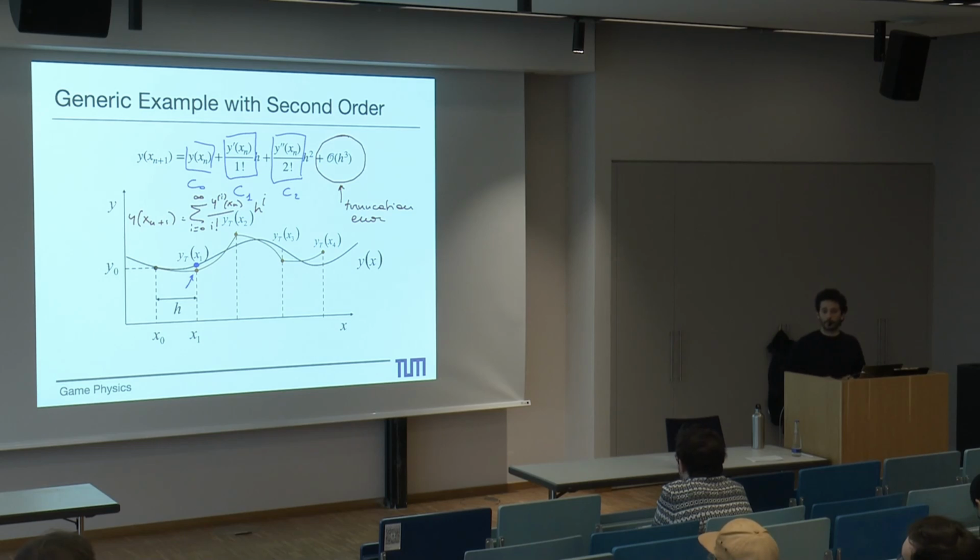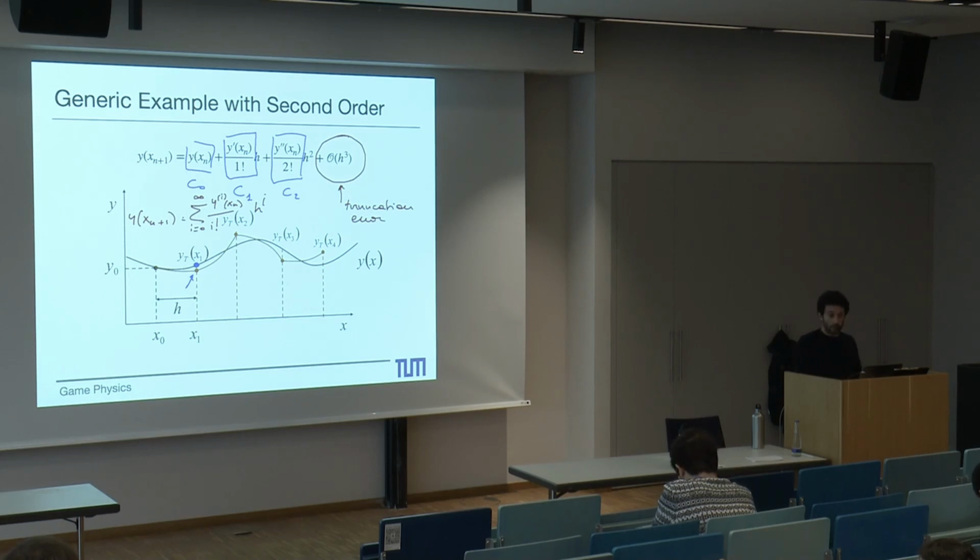Yes? On which side? On the left side is the same as above. So it's like n plus 1, so the position plus the movement to the side by h, essentially.